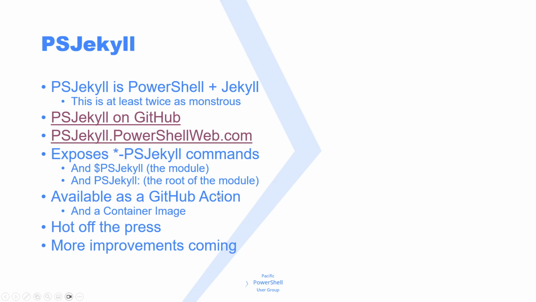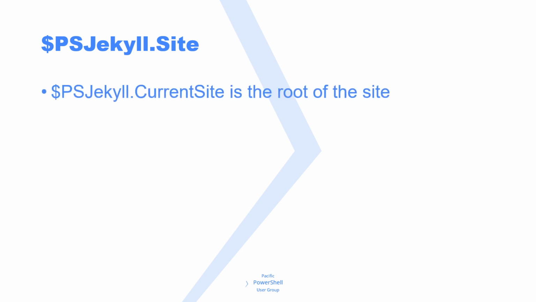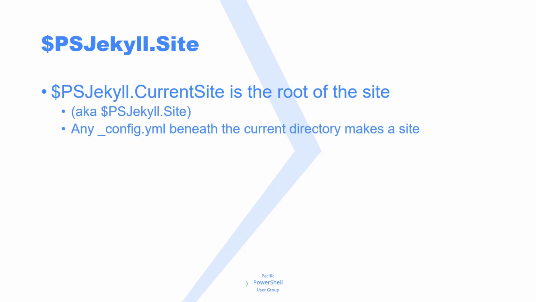Of course, it is built in Jekyll. And PSJekyll, the module, exposes $PSJekyll, the variable, and a property, .site, aka current site, that is the root of the site. And any config file beneath the current directory makes something a site. If there is no config file found, the current directory will be considered a site.